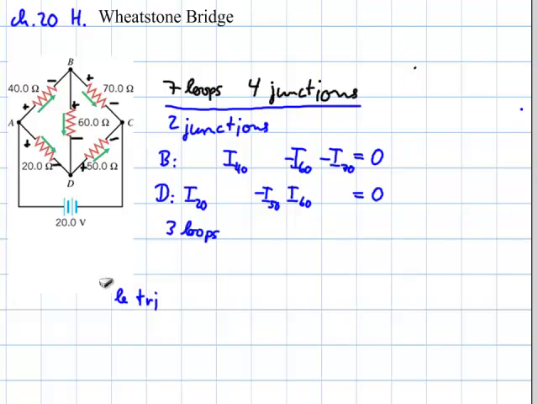Instead of calling them right and left triangle, I should label them as BCD, that's the one on the right, and ABD, that's the one on the left, and the bottom one is ADC together with the battery.